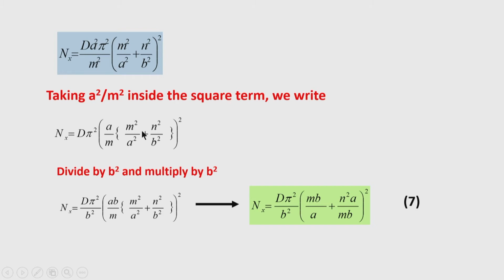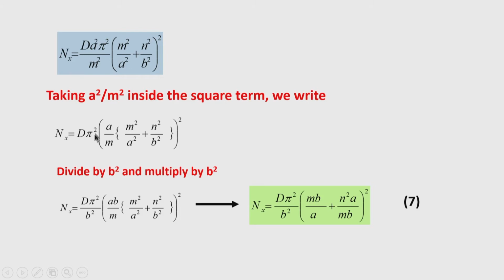Okay. Now, this quantity is divided by b² and multiplied by b². So, then the equation is not changed. So, what is done here?